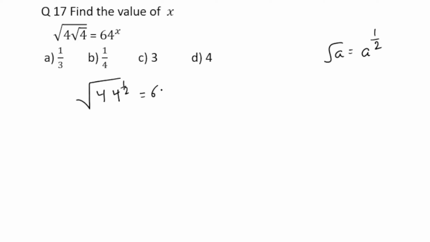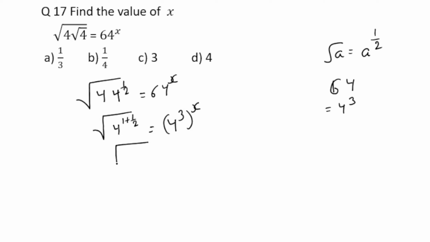If we multiply the same base, powers are added. That means 4 to the power 1 plus 1 over 2. We can also write 64 as 4 to the power 3, to the power x. 4 to the power 1 plus 1 over 2, 4 to the power 3 over 2 equals 4 to the power 3x.